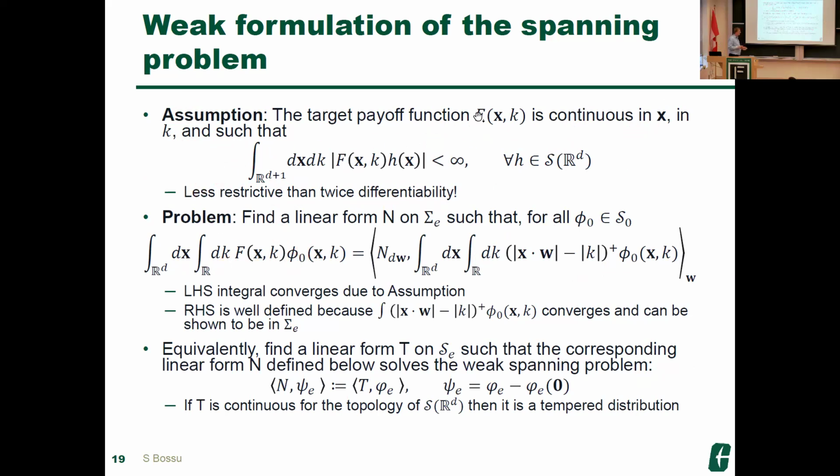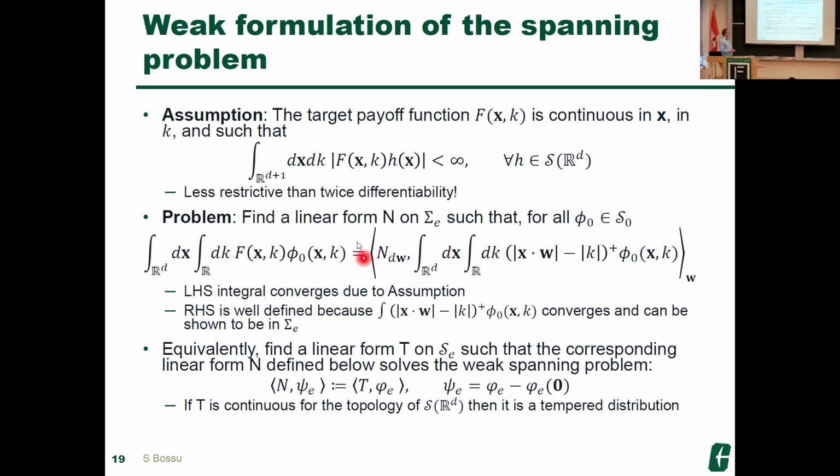And then the weak formulation of the spanning problem becomes this equation, where on the left-hand side we have our modified payoff with some modifier phi 0, which is slightly different, but more or less you can think about it as a rapidly decaying Schwartz function, so that converges thanks to the assumption. And then we have modified basket calls, that's the inner integral here.